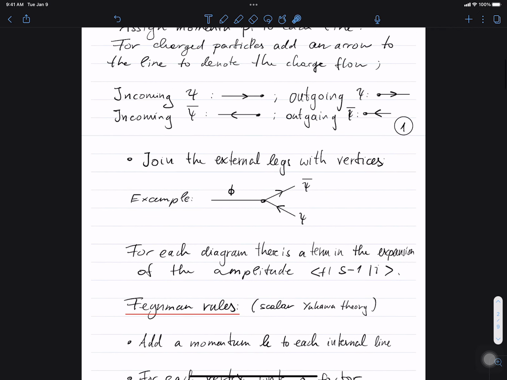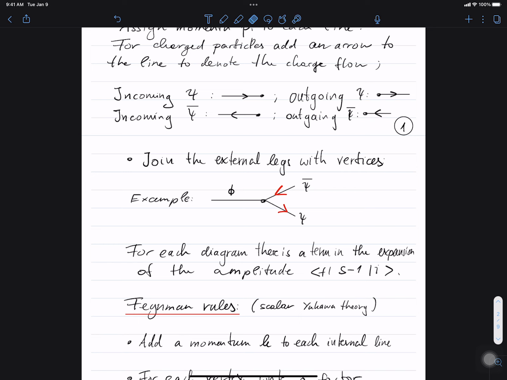Look, already here, this is actually backwards. We actually swap this. So this is an outgoing antiparticle, this is an outgoing particle. So now we have the charge flow arrows go through like this, so they create a connected graph, and that denotes the charge is conserved.